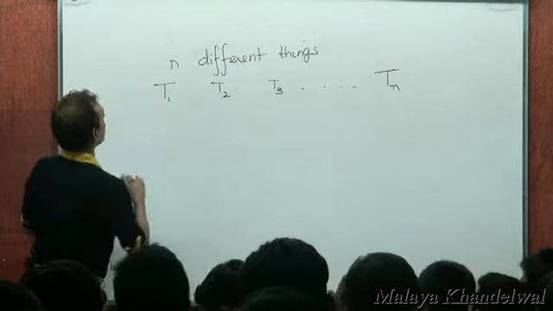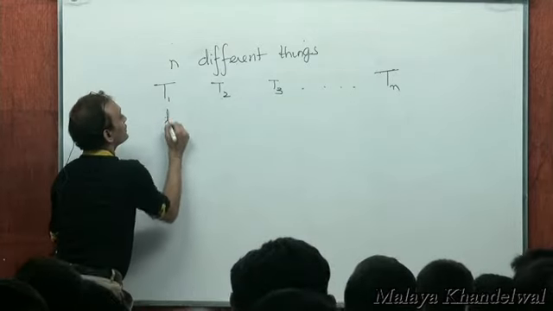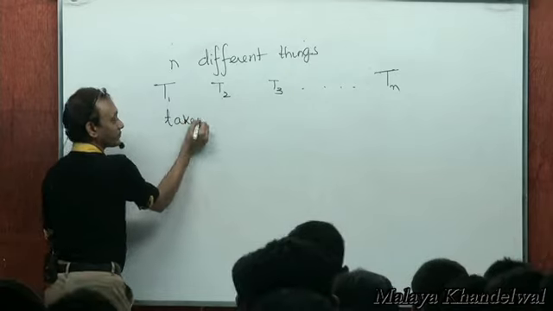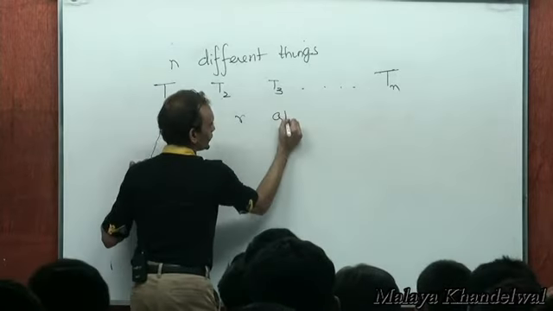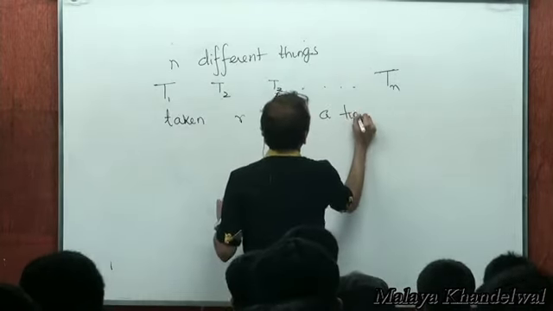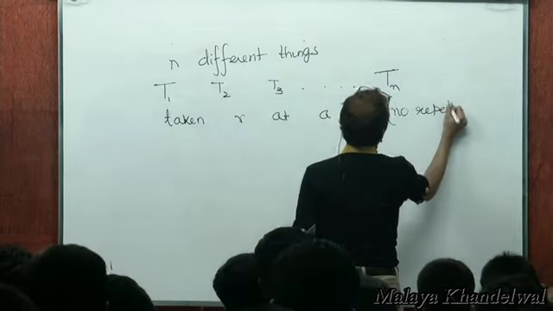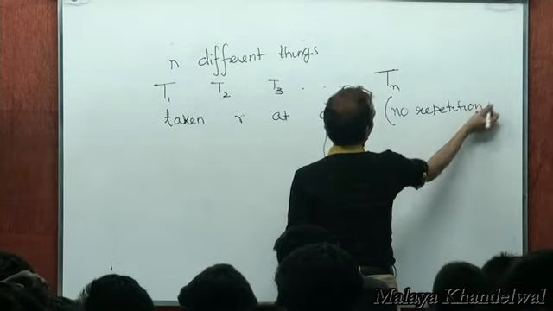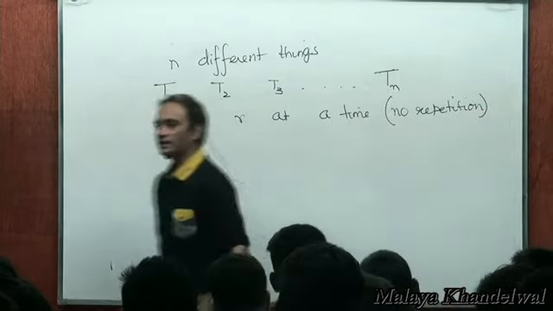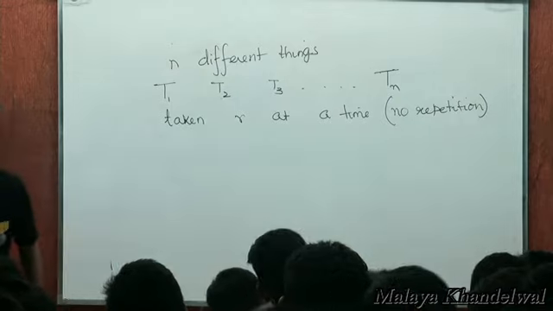So number of permutations of n different things taken r at a time, no repetition. Taken r at a time, no repetition of any one of these things.